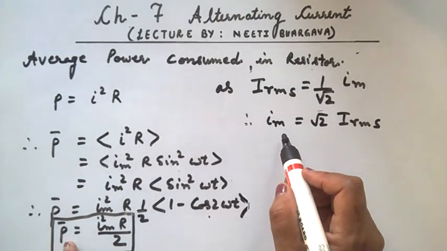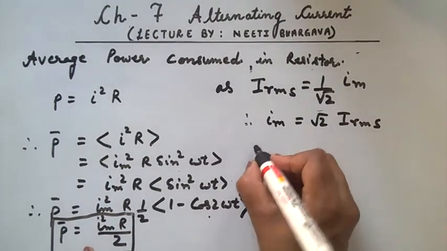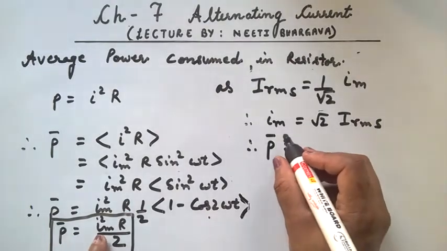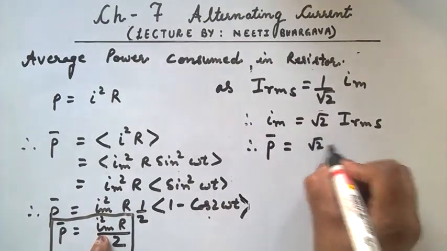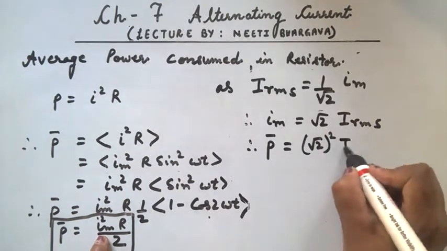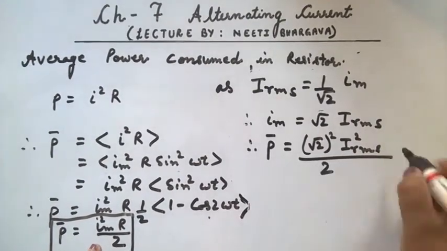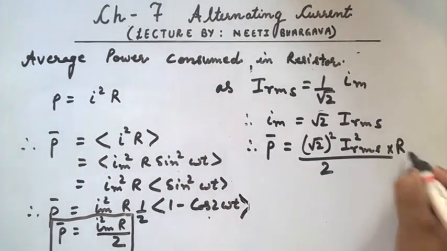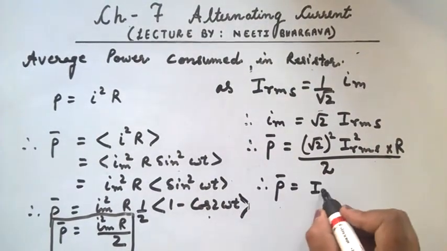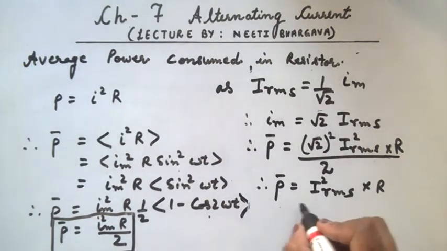Now we can again write average power in terms of root mean square value. Therefore average power is equal to Im square, that is root 2 square is equal to 2, IRMS square by 2 into R. Therefore average power is equal to I square RMS into R.